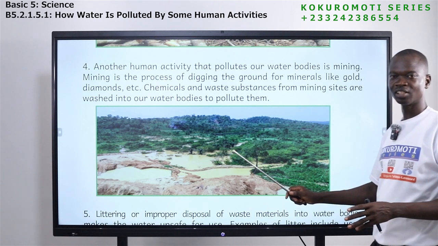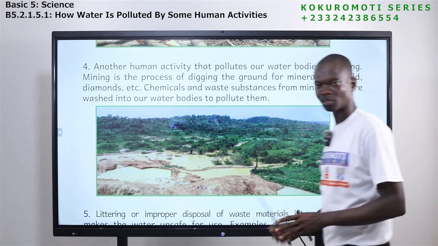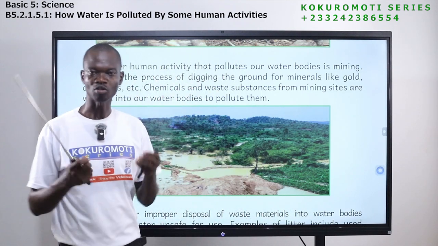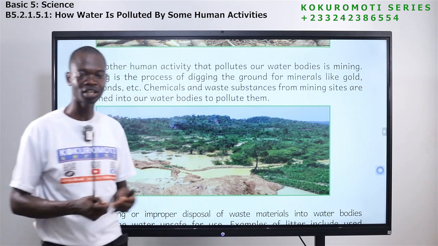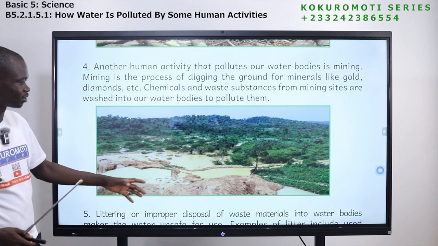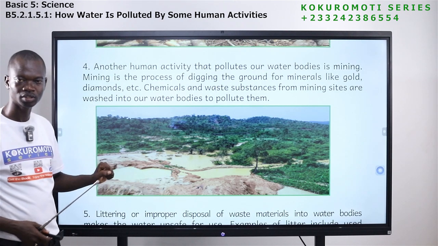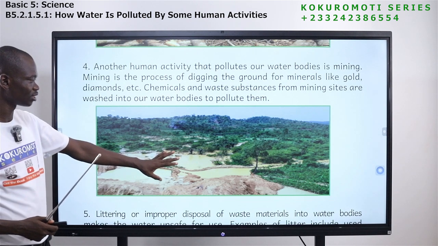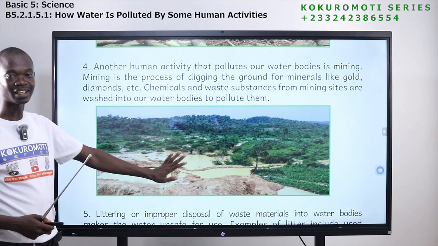For them, they don't care whether the water will be polluted or not. Once they are looking for their gold, once they are looking for their minerals, they will do whatever it takes to get the gold and leave the place like that. Now they are finished. This area will be there like that.